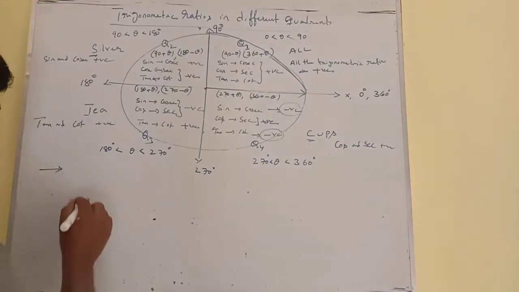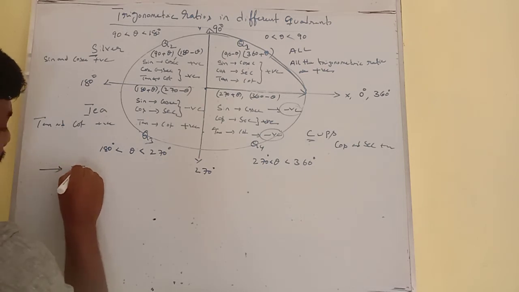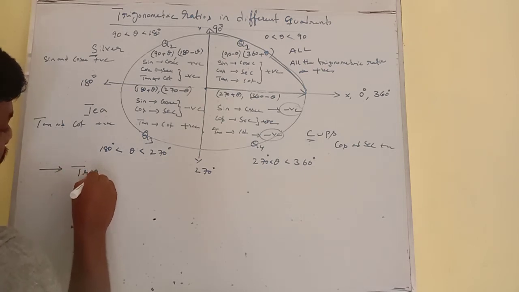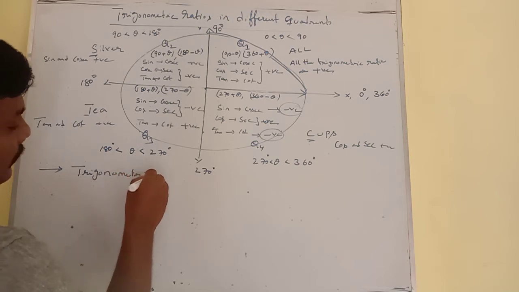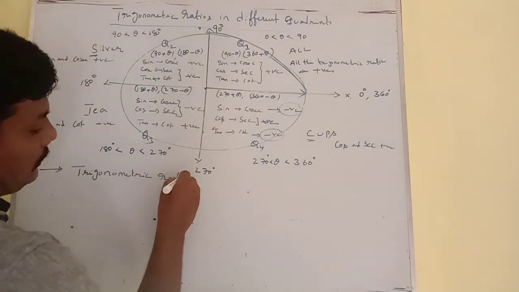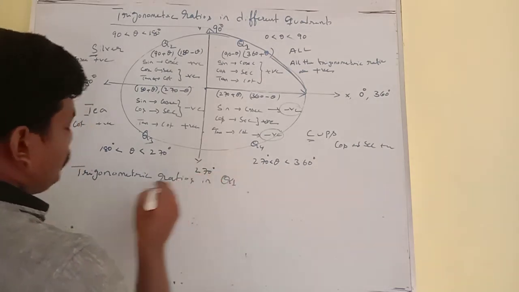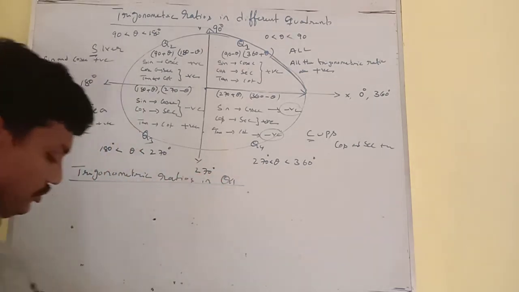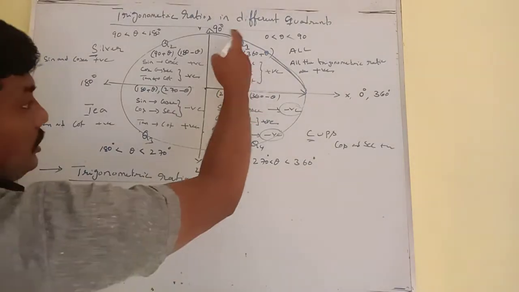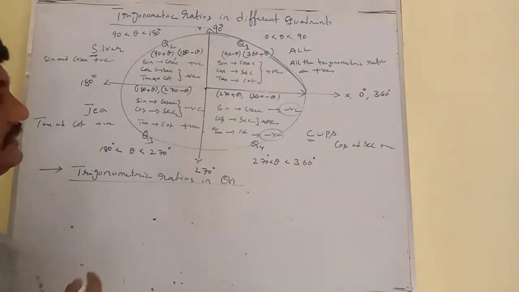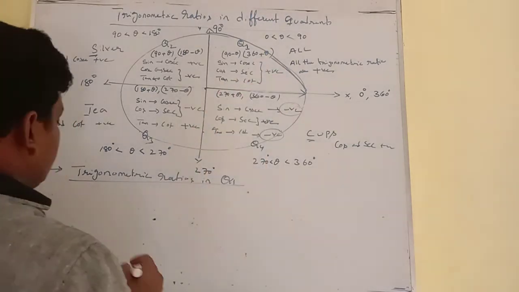Let me see the first quadrant. So trigonometric ratios in the first quadrant. In the first quadrant, what are the trigonometric ratios? 90 minus theta and 360 plus theta.